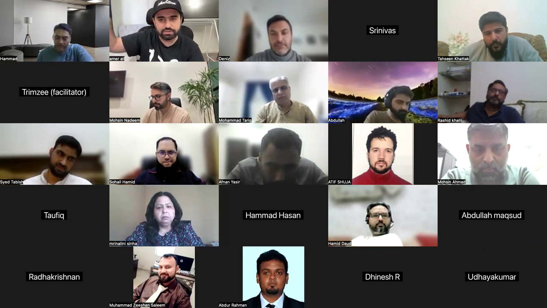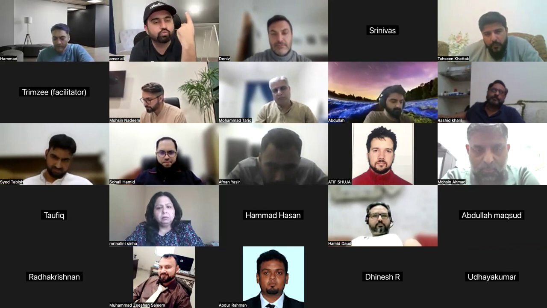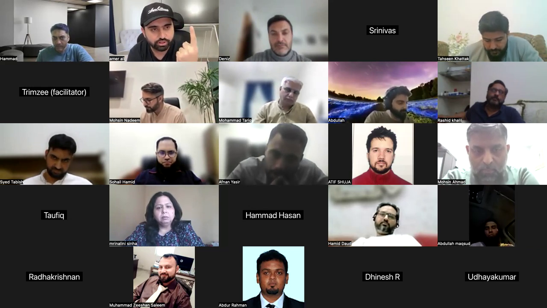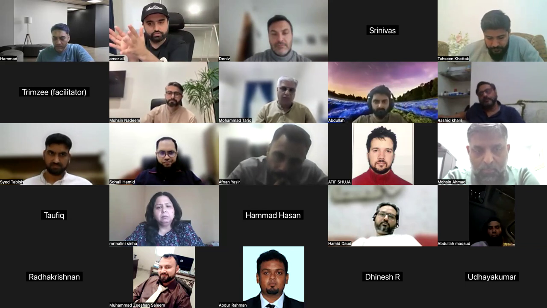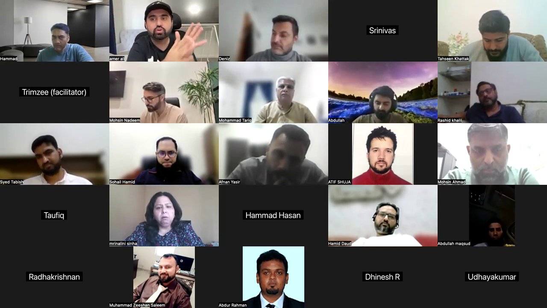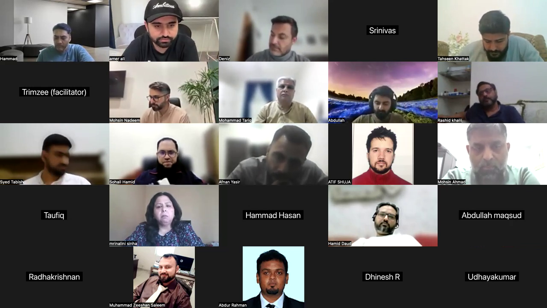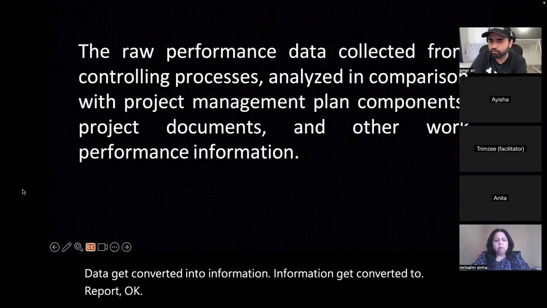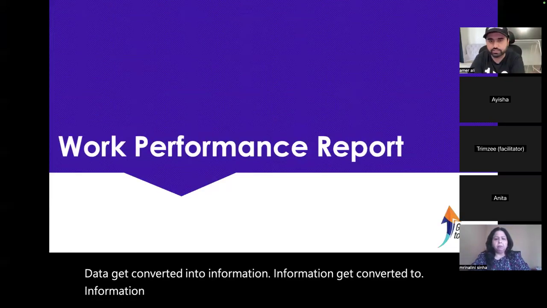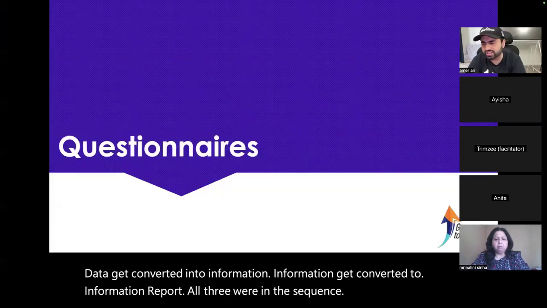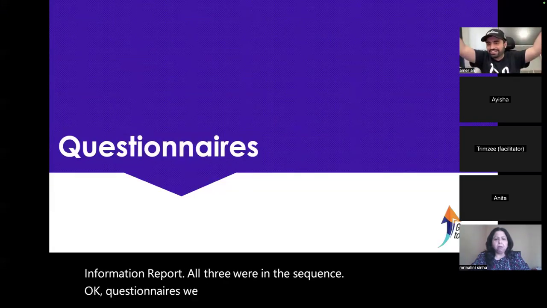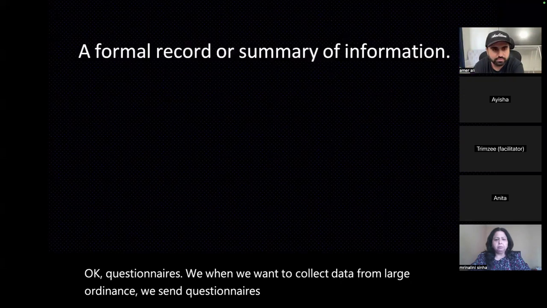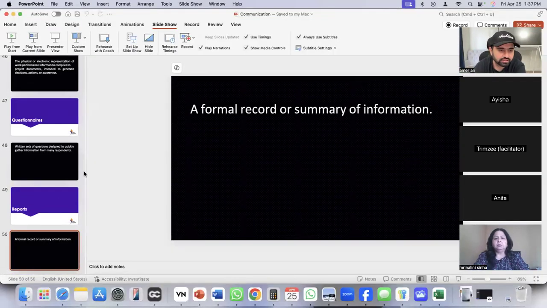Then it goes to the project manager, who combines it into one report, which we call work performance report. Data gets converted into information, information gets converted to report, all three in sequence. Questionnaires: when we want to collect data from a large audience, we send questionnaires and surveys. Reports, we discussed it.